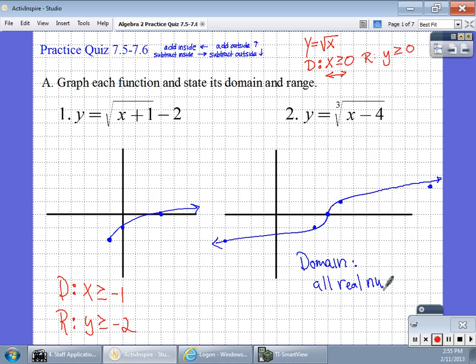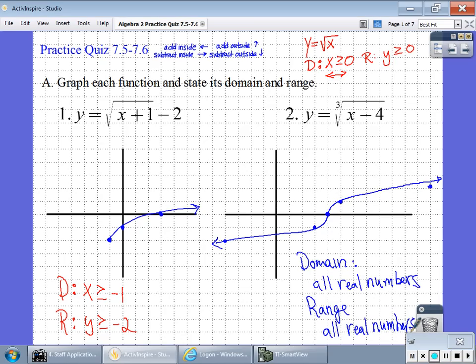No matter what I add or subtract on the inside, the domain is all real numbers. And the same with the range. Okay? No matter what I add or subtract, your range is all real numbers. There we go. All right, so moving on.